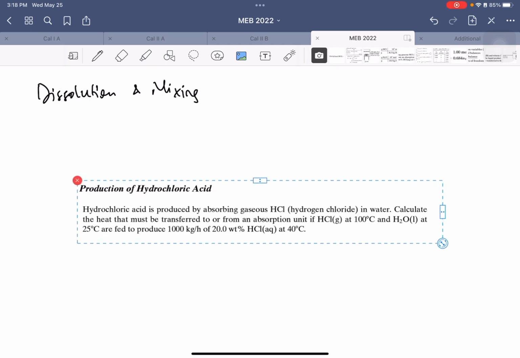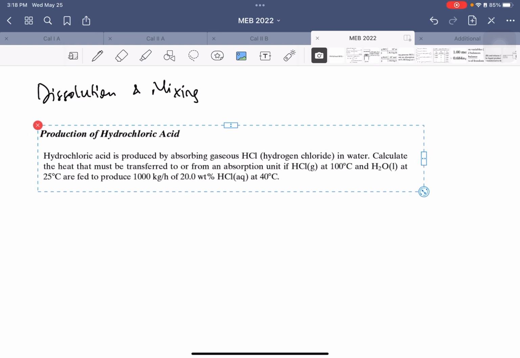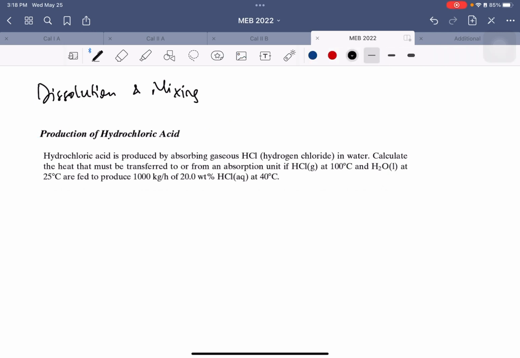The case is a production of HCl, hydrochloric acid. We are going to create the HCl by absorption, so we absorb the HCl gas in the water.